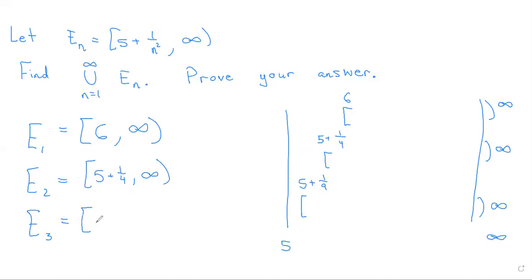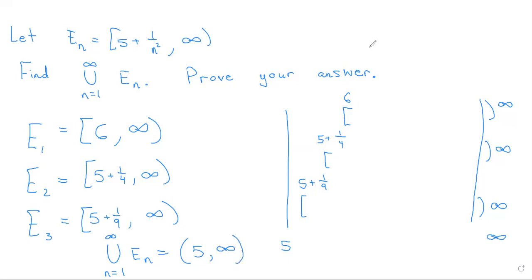So we can say that the union, n equals 1 to infinity of E sub n, will be 5, not including 5, to infinity.